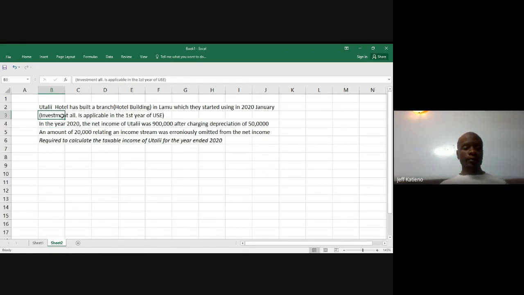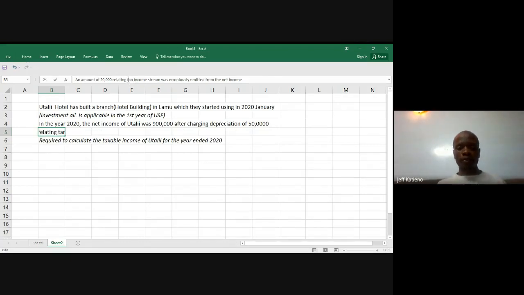Now in the year 2020, the net income of Utalii was 900,000 after charging depreciation of 50,000. An amount of 20K relating to an income stream was erroneously omitted from the net income. So we are required to calculate taxable income of Utalii for the year ended 2020.